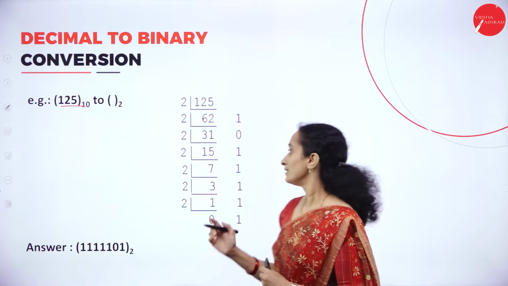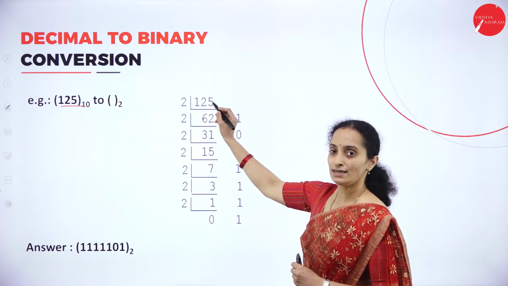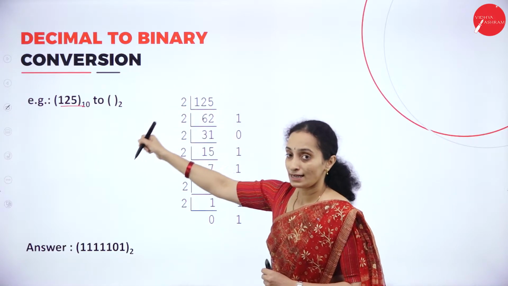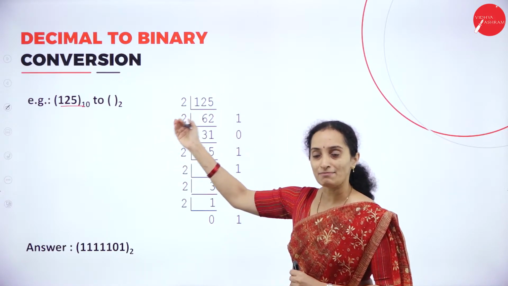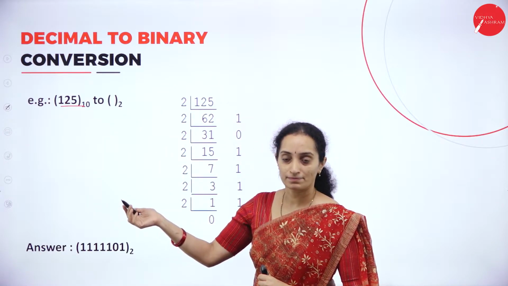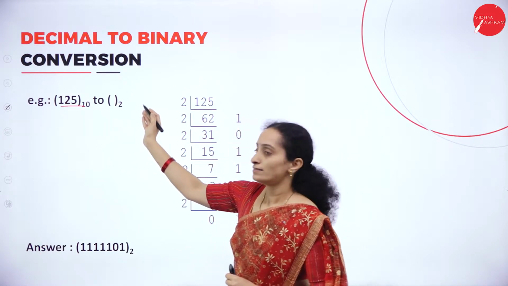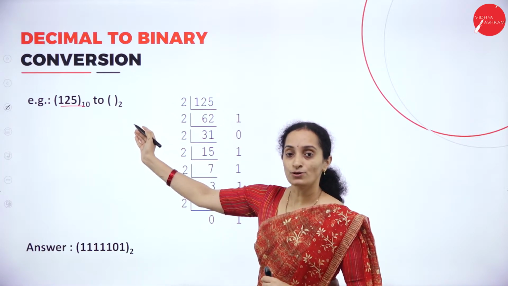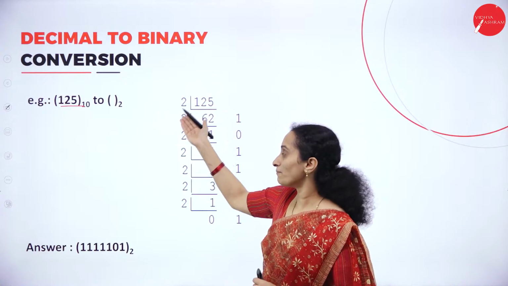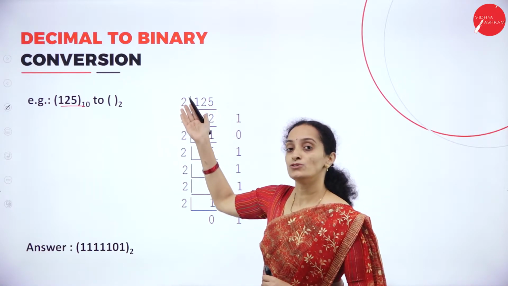Here 125 will undergo division by the base number to which you have to convert. From 10, I have to convert it to base 2.